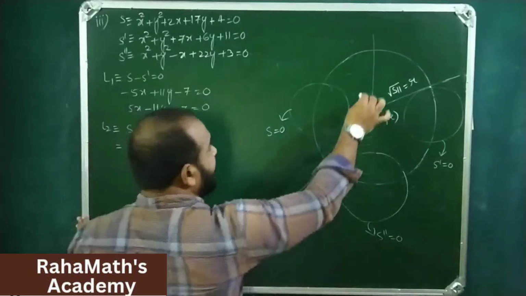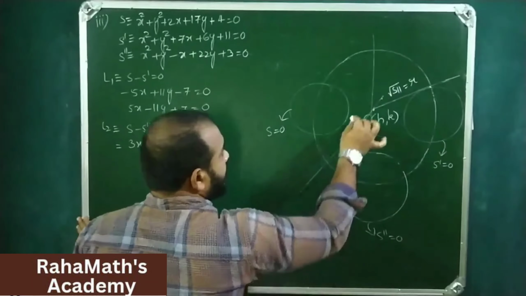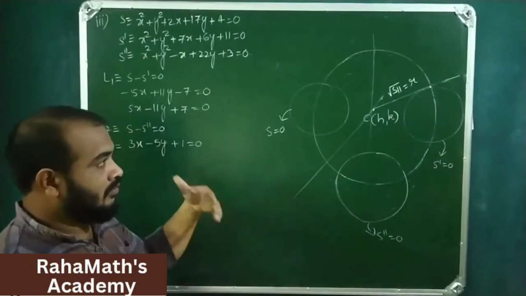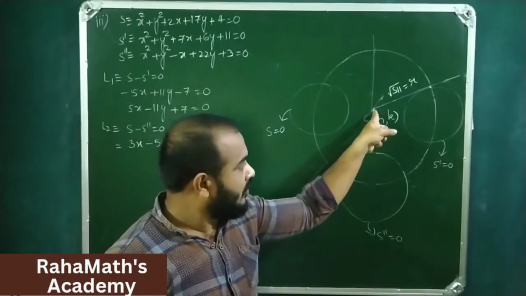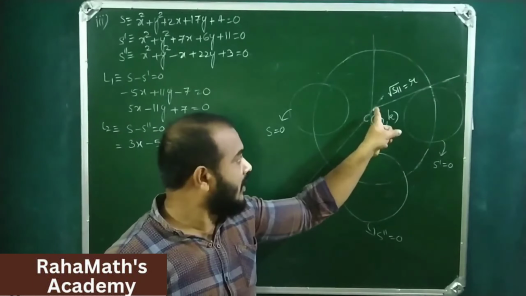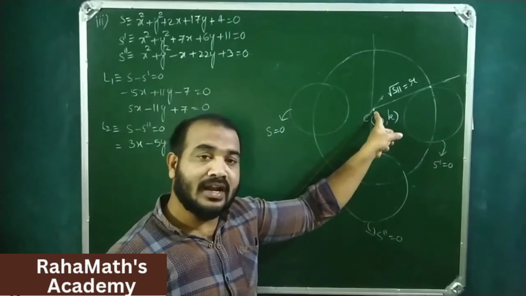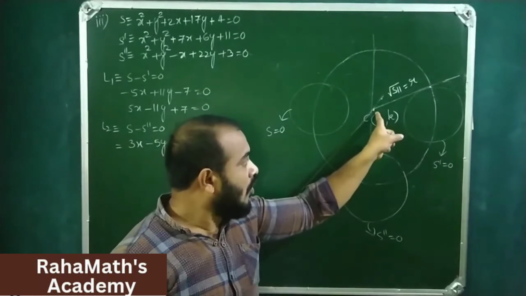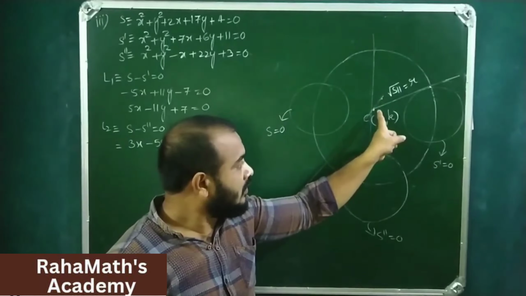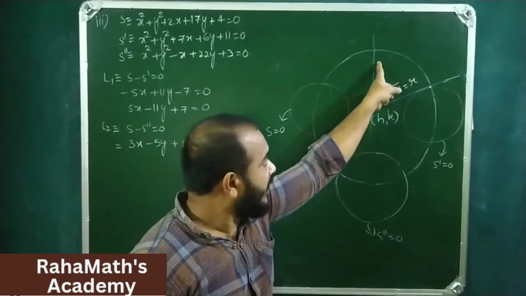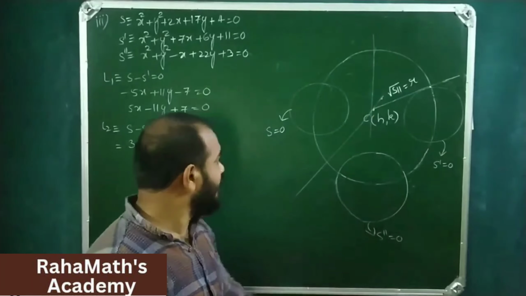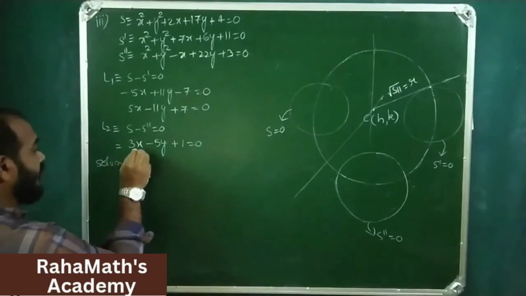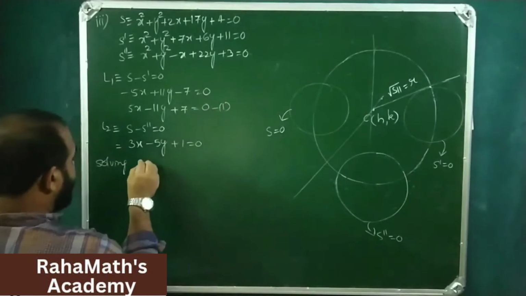So actually these two lines, if I solve, then this point of intersection we are going to get, and this point of intersection is said to be the radical center, which we got through solving the radical axis of any two circles. So now solving 1 and 2.